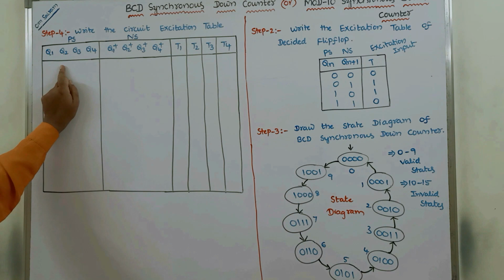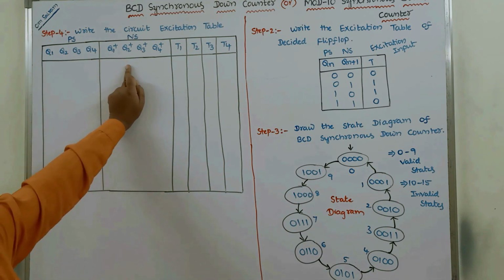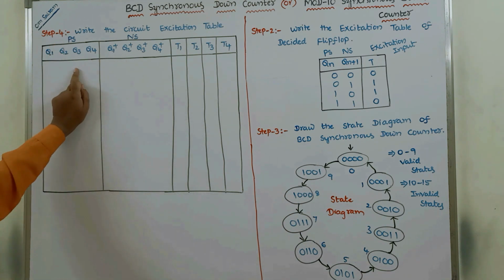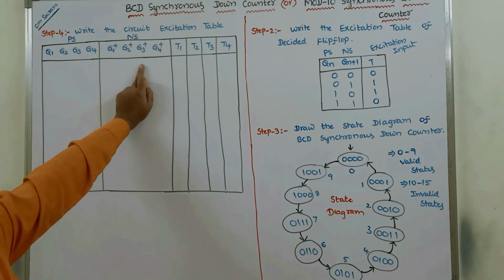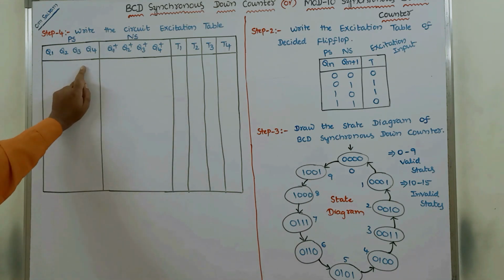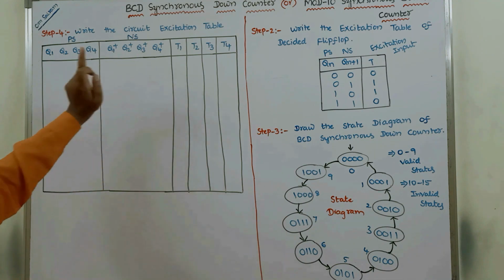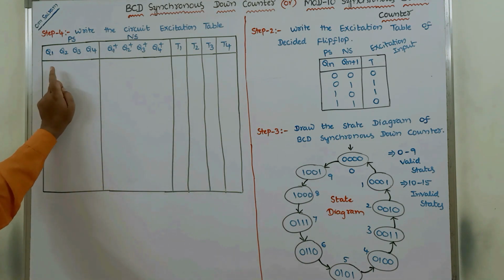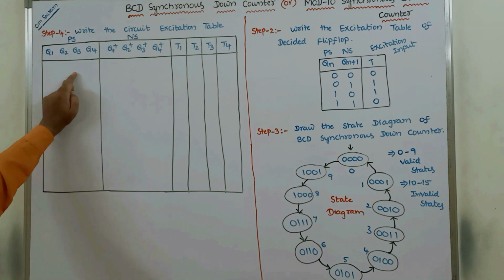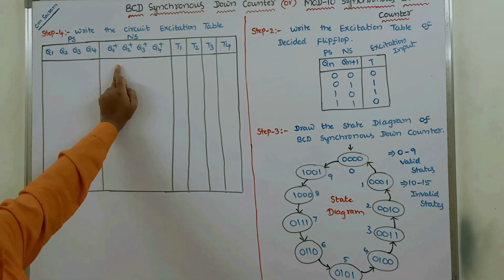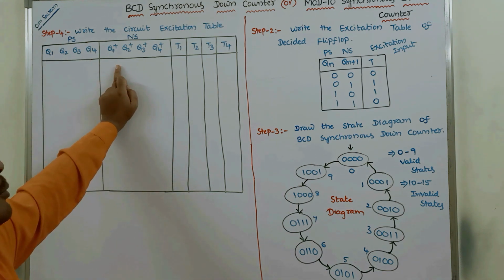For Q2, the next state is Q2 plus. For Q3, the next state is Q3 plus. For Q4, the next state is Q4 plus. When the present state is Q1, Q2, Q3, Q4, the next state bits are Q1 plus, Q2 plus, Q3 plus, Q4 plus.